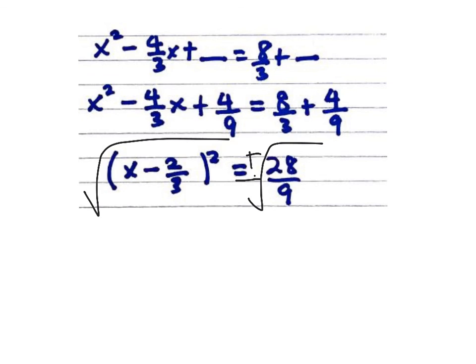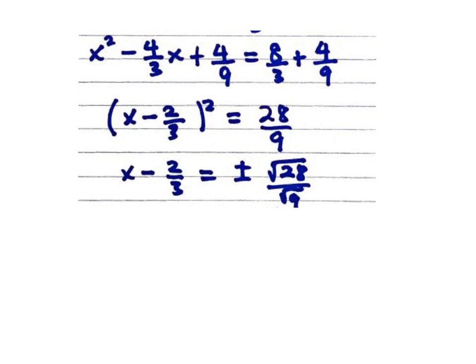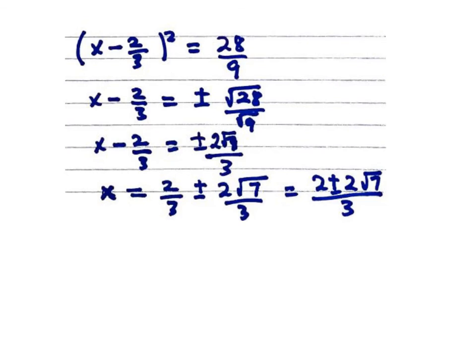Then you have the square root of 28 divided by the square root of 9. The square root of 28 will be 2 square root of 7, and the square root of 9 will be 3. We'll see that on the screen. So here is taking the square root, and here is breaking it up into 2 square root of 7.